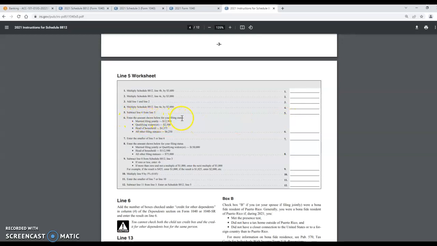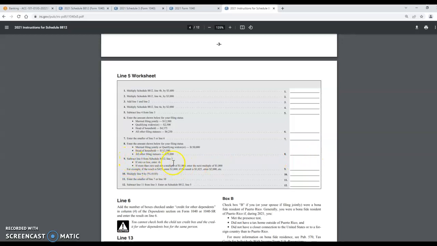Line 6, enter the amount shown below for your filing status. John is head of household, so $43.75. Line 7, enter the smaller of 5 or 6, so that's 1,000. Line 8, enter the amount for the filing status. Head of household is $112,500.